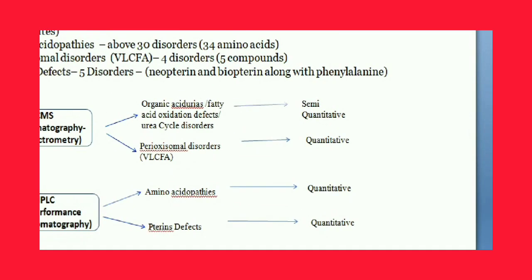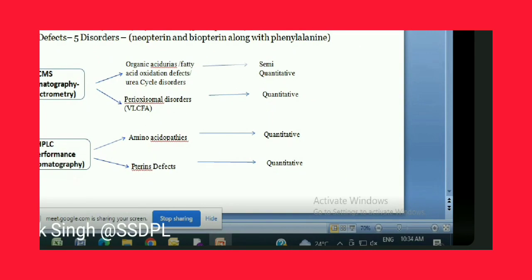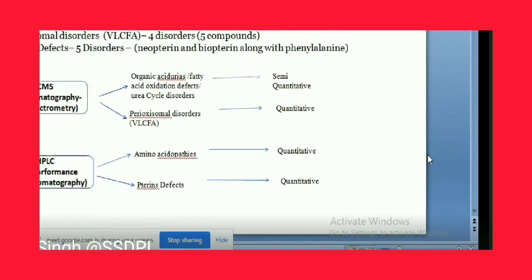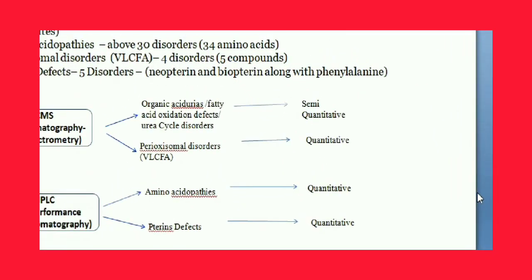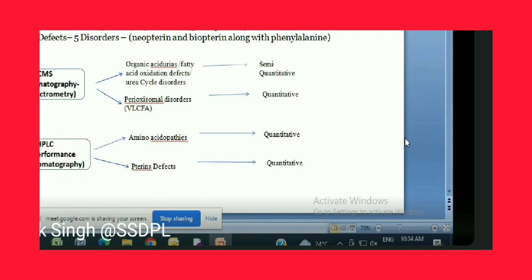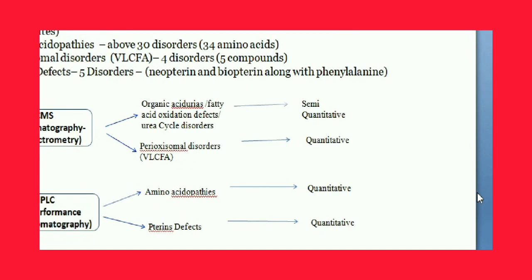Coming to peroxisomal disorders and pterin defects. Does anybody have any idea about peroxisomal disorders or the very long chain fatty acids? When do we look for that, or why do we have to look for that? Anyway, in VLCFA, we report 5 compounds.